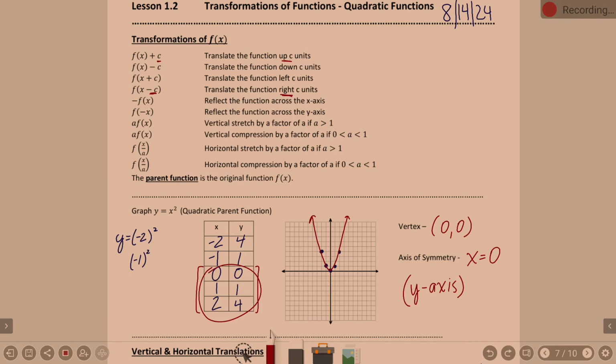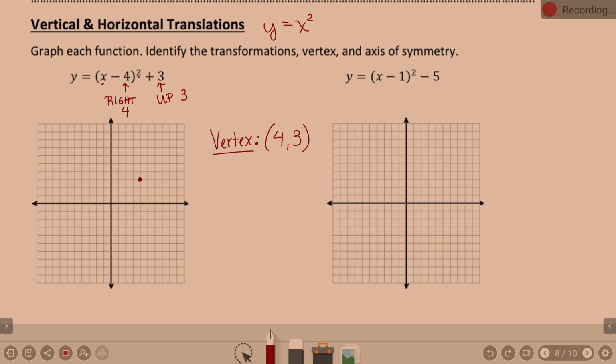The 0, 0, 1, 1, 2, 4 is what I will always go back to. So let me put this right over here as a reminder. So the 0, 0 represents the vertex, yes? The 1, 1 says the first set of points are what? Over 1 and up 1 from the vertex.